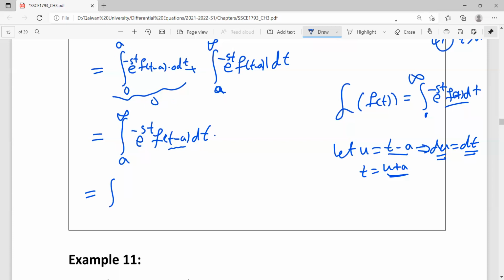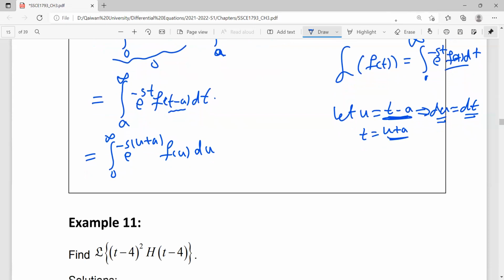It equals the integration from 0 to infinity for e to the power minus s times u plus a. We replace t by u plus a. And here you have f of t minus a. It becomes f of u, because we said we let u be t minus a. It is f of u du. Okay.